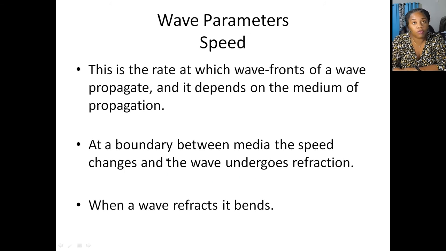When a wave refracts, it bends. We did a video on refraction where we saw light leaving air and entering glass, and it bends as it goes through the glass. It also, via calculation and experimental observation, the light actually slows down.